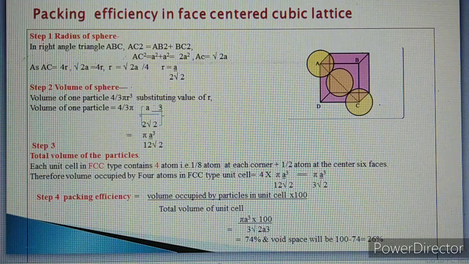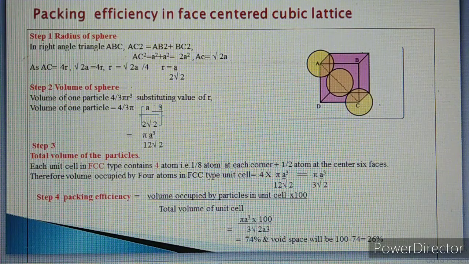Now if you observe the AC diagonal, then AC is nothing but 4r. So if we substitute AC is equal to 4r, then we will get 4r is equal to under root 2a. Therefore, what is the value of r in such case? r is equal to under root 2a upon 4.